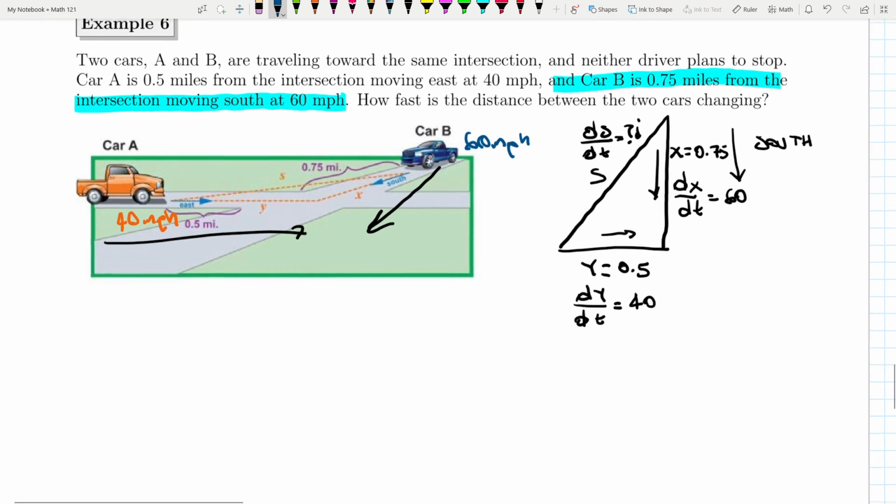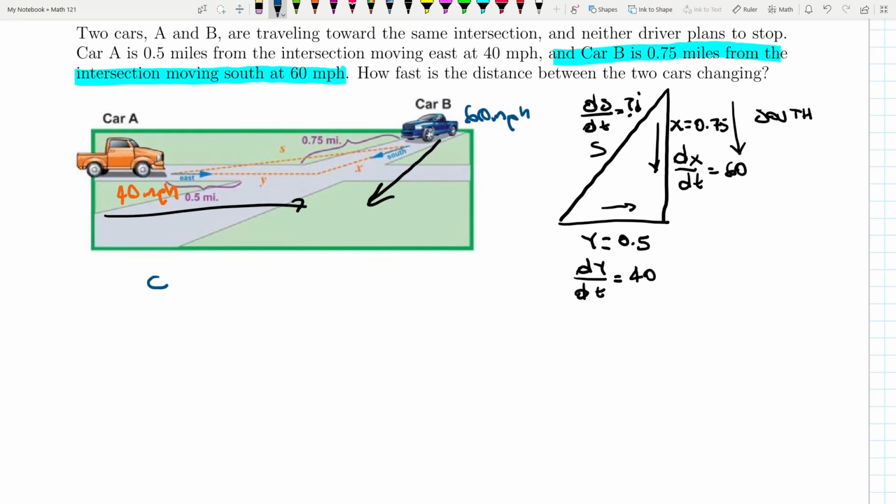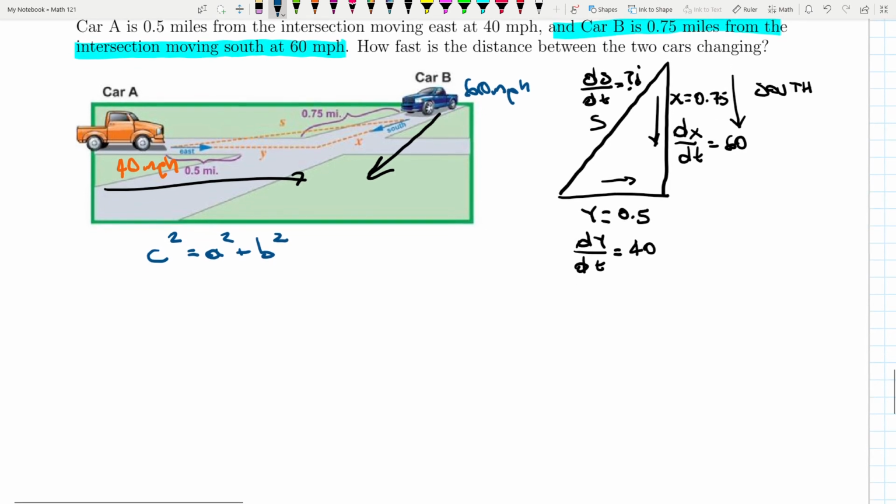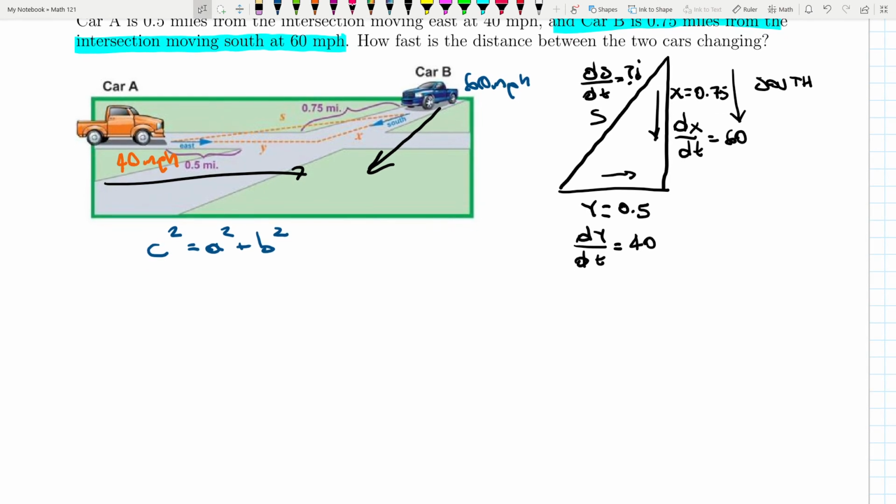It's the Pythagorean theorem: c squared equals a squared plus b squared. Relating it to our terms, c, the hypotenuse, is s, a is the horizontal component, and b is the vertical component, so s squared equals y squared plus x squared.